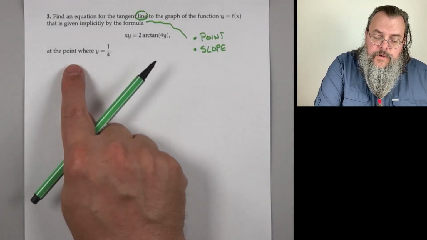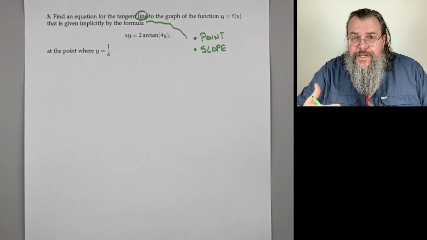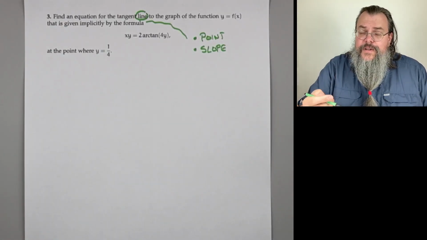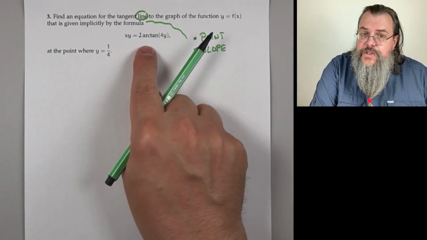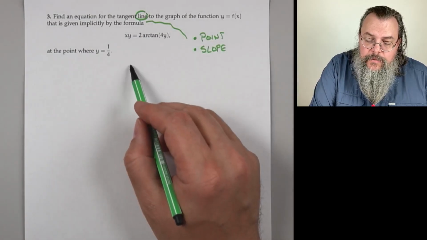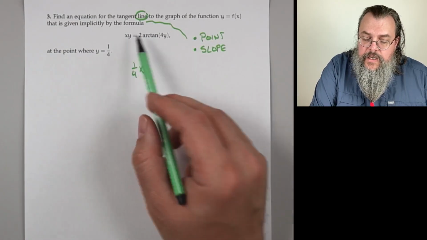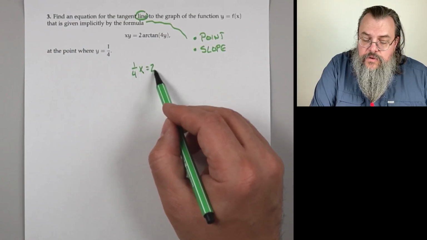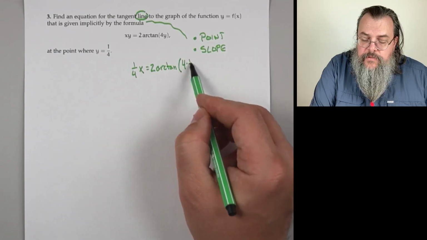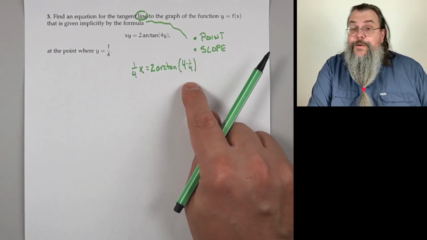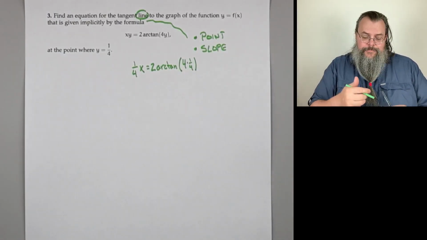Now, we're told the point where y equals a fourth. That's not a full point, but it's part of a point. We still need the x coordinate, but we can get it by our relationship. So we would have 1/4 times x, x times y, is equal to 2 arctangent of 4 times a fourth. Now, 4 times a fourth is 1. What is arctangent of 1?